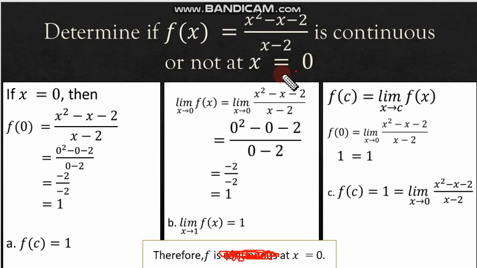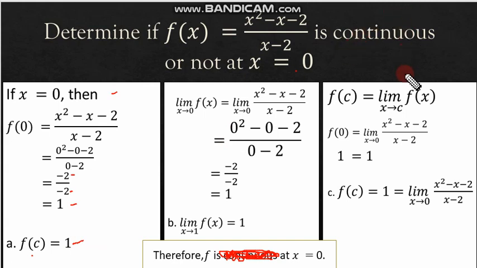So our x is equal to 0, then f of c is f of 0, which is equal to x squared minus x minus 2 all over x minus 2, or that's 0 squared minus 0 minus 2, which is negative 2, all over 0 minus 2, that's negative 2 as well. So negative 2 divided by negative 2, that's positive 1. So our f of 0, or f of c, is equal to 1. Therefore, our f of c exists.